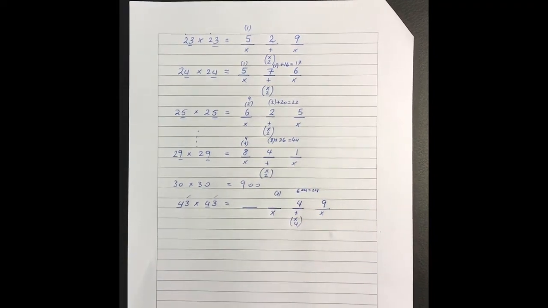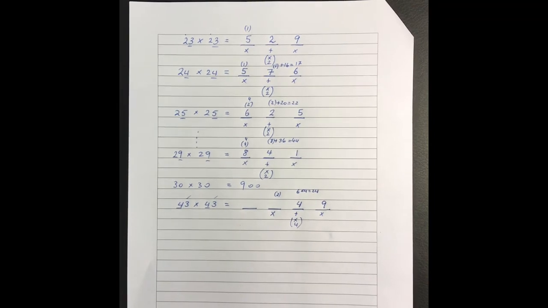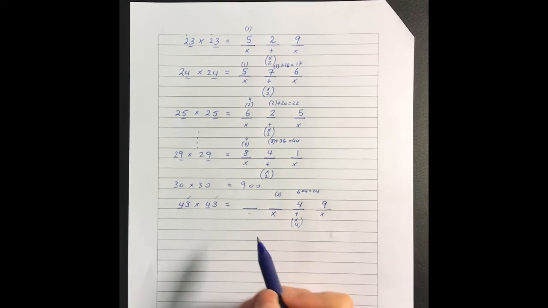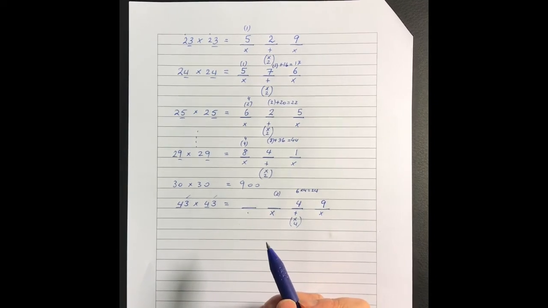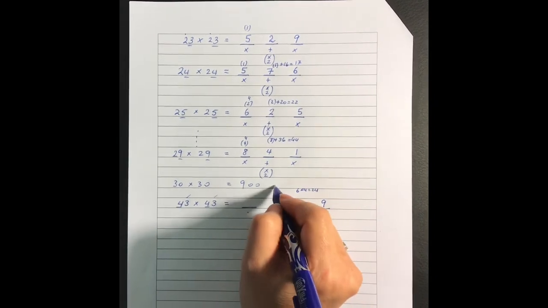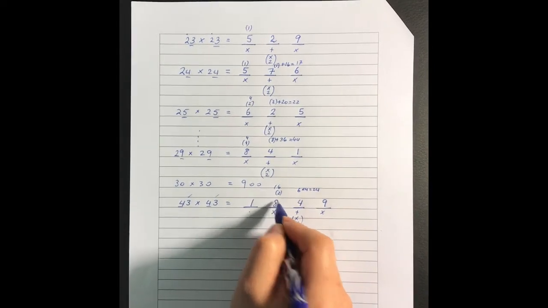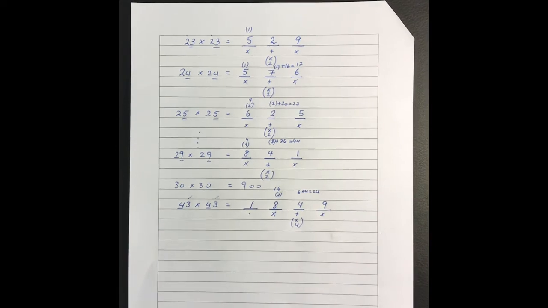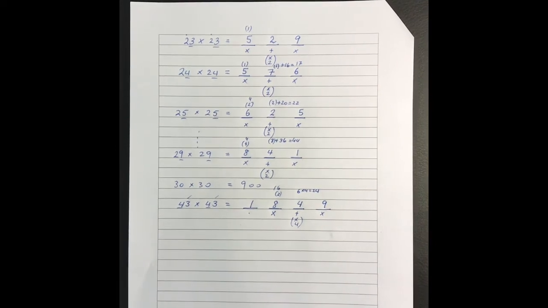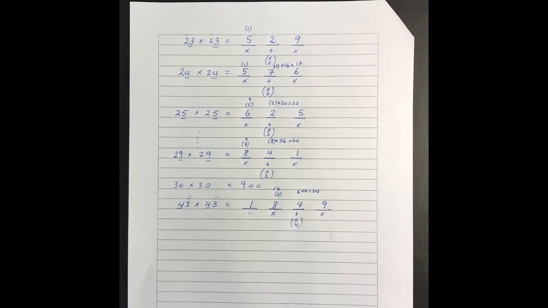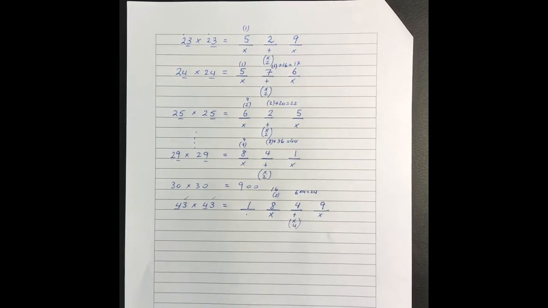Okay, well, that's not too bad. And we have 4 times 4. Aha, that's why we need this extra space, because 4 times 4 is 16. Add 2, it's 18. So it's going to be 1,849. Okay, so if you have a calculator and you put that in, you will get that.